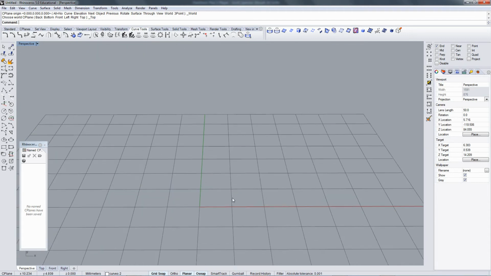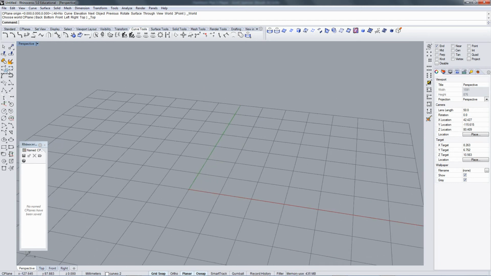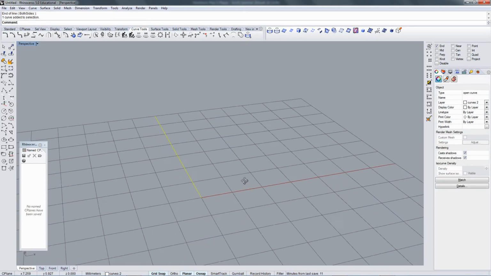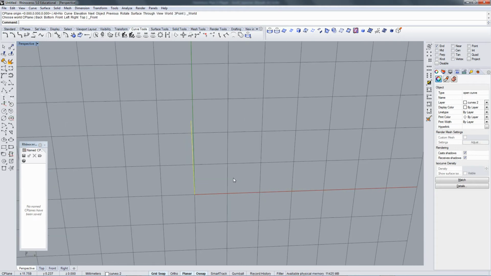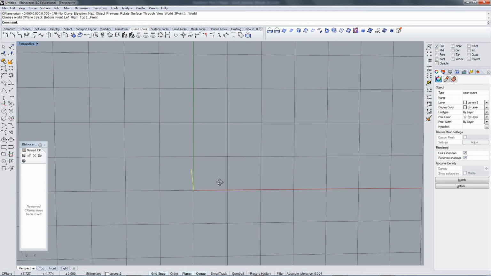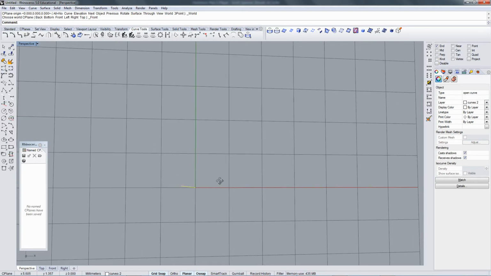It is kind of useful to know how these all relate to each other in a global coordinate system. Okay. In world coordinates, this direction is Y, positive Y. In front C-plane, that's negative Z, because positive Z would be coming towards you.